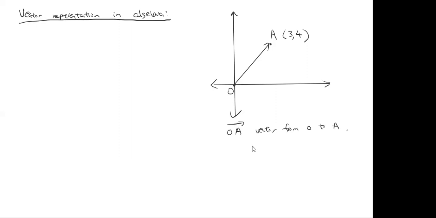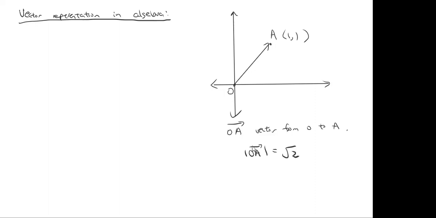Yes. All right. In fact, I'll make it a bit easier. So if we call A (1, 1), just to be clear, what is the magnitude of OA? It's root 2.